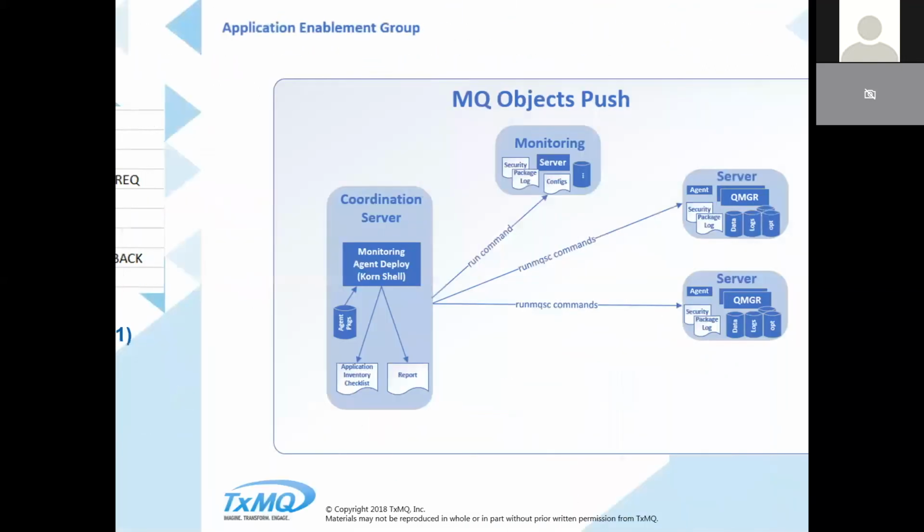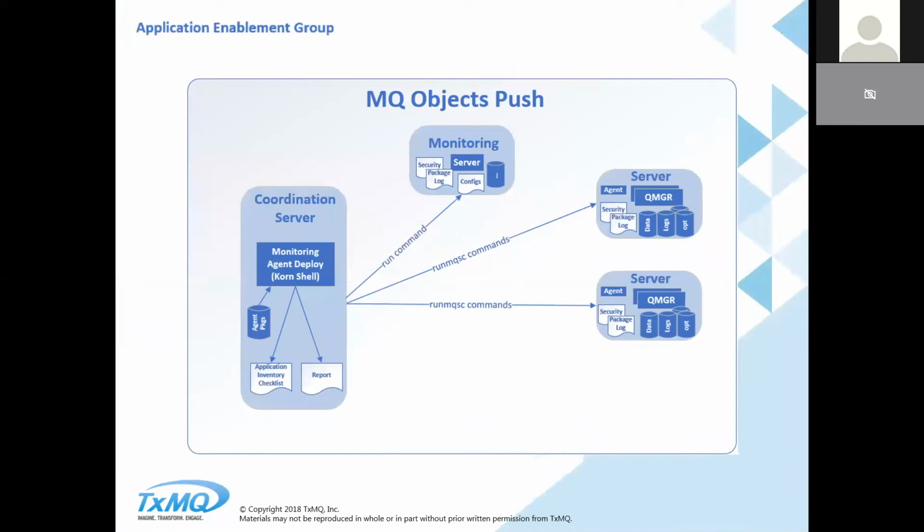And one of the final slides that I've got here to show is just like with the server group, when I was describing that they would have a coordination server for pushing out or verification of the servers, pushing out any patches or creating queue managers and pushing out certificates and stuff.